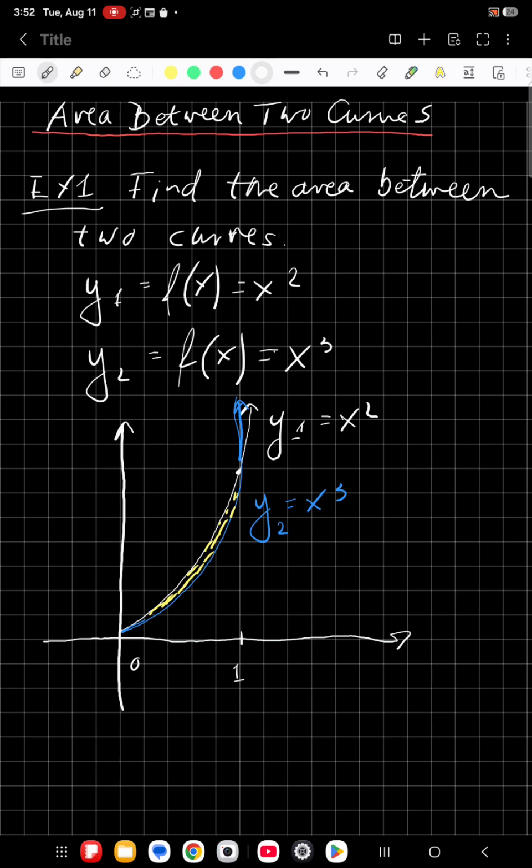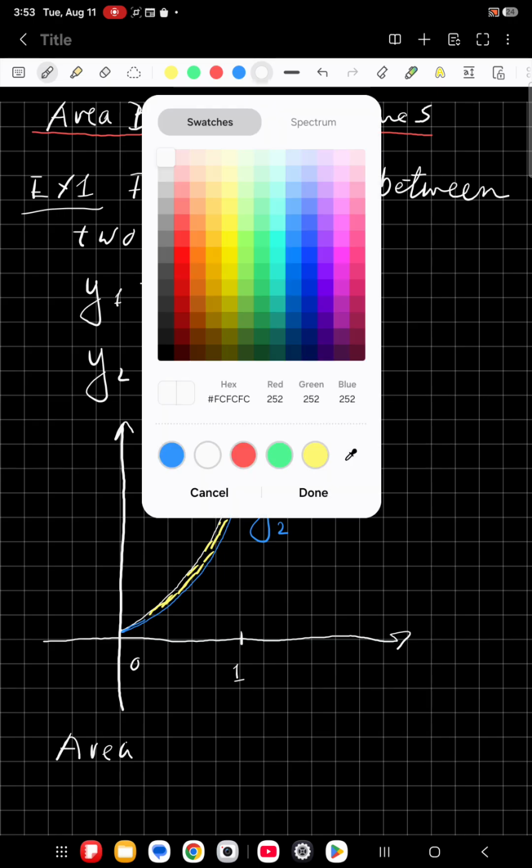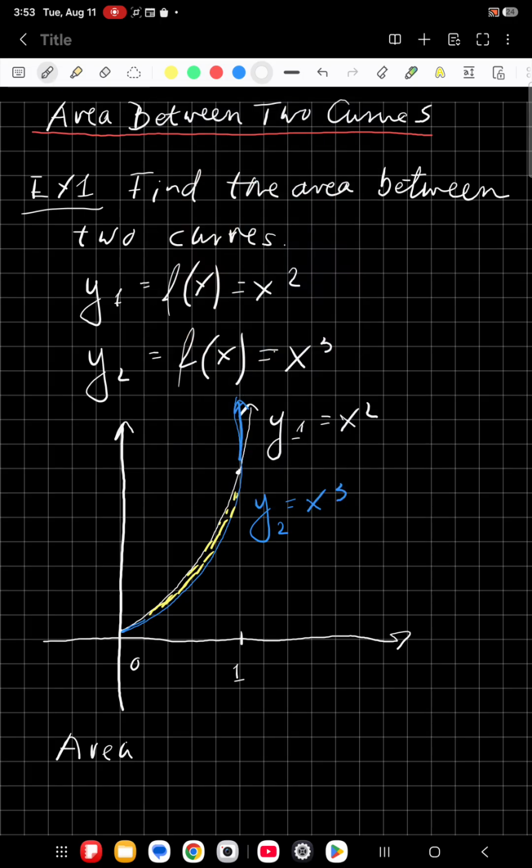Of course, we're using integrals. The way we'll approach this problem is to look at the white function, the parabola, and calculate the area below the white curve.